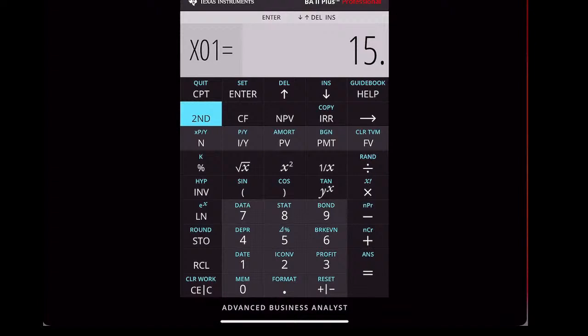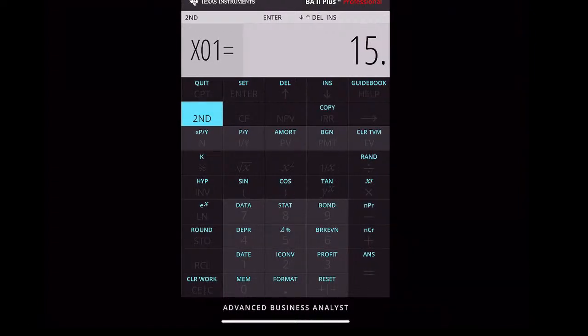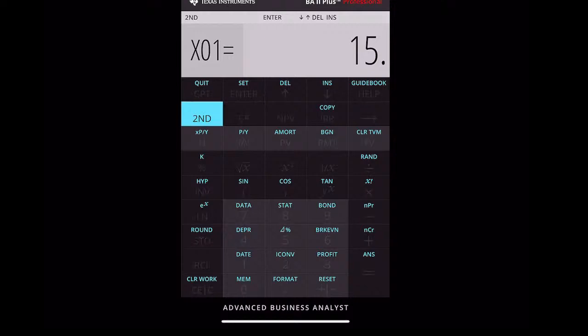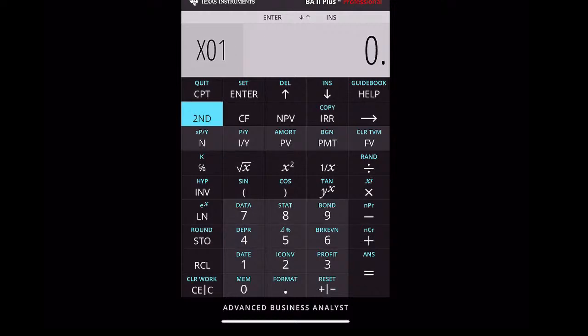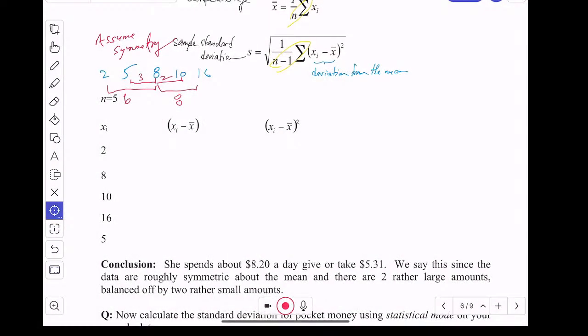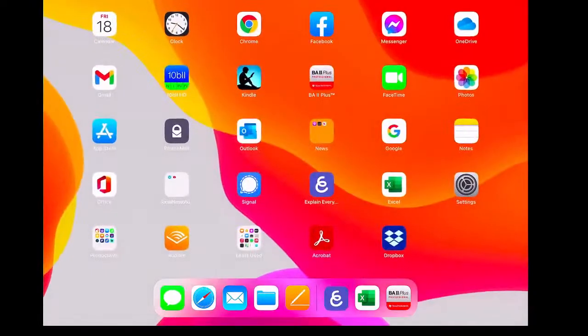If you hit second data, it activates stat mode. Depending on the calculator you have, activate stat mode. In this case, I have to clear the worksheet. And I begin to enter the values. So it's 2, 8, 10, 16, 5.